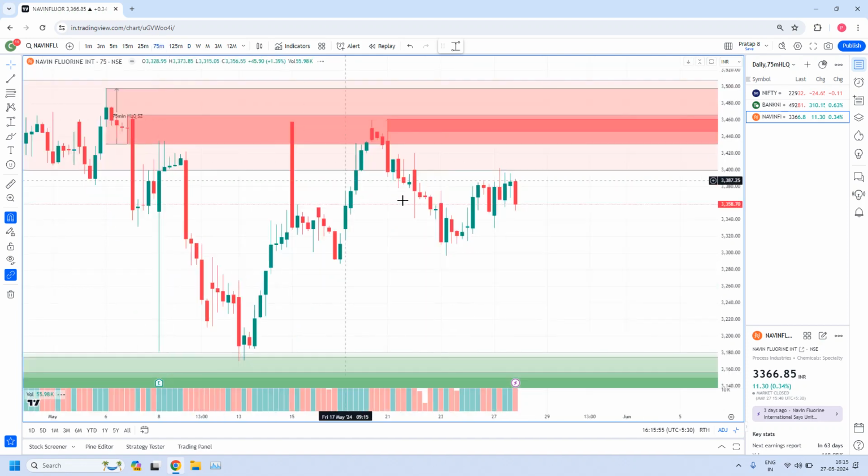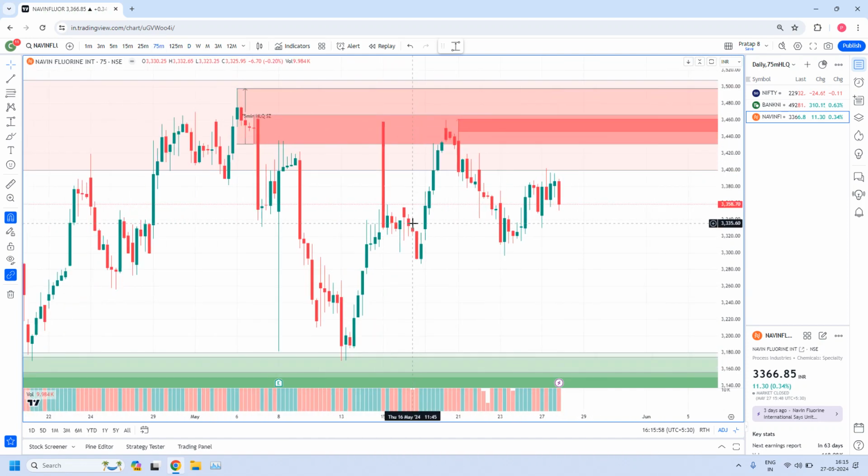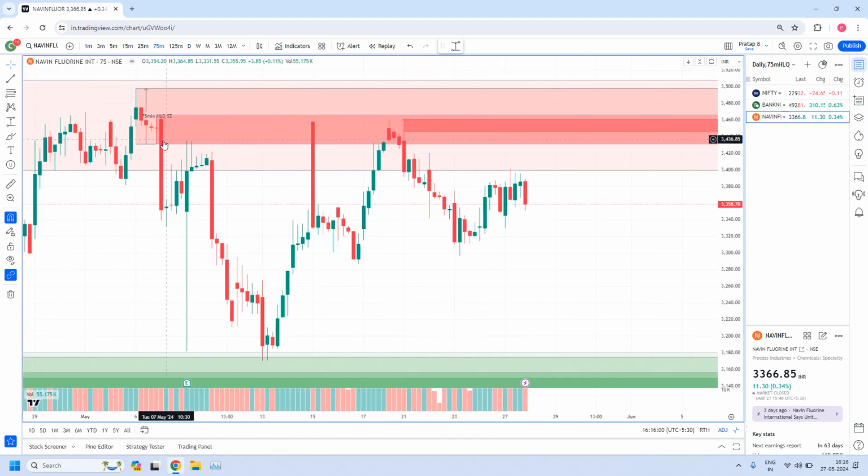So let us go to the 75 minutes time frame. See here you have base candles and again a drop candle. This is the 75 minute zone we have drawn. Earlier prices came to this zone and came down, again came to this zone, came down. But at the time we didn't have a fine-tuned 15 minute zone.